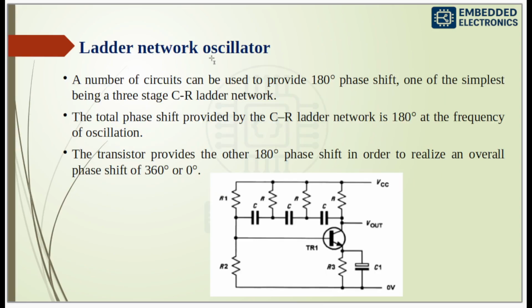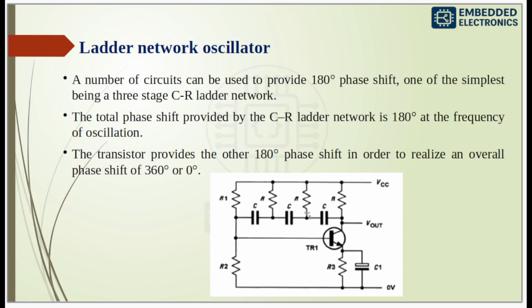And next is the ladder network oscillator. See here, this is a resistor and this is a capacitor. Resistor R and capacitor C create the phase shift needed for oscillation. The transistor amplifies the signal and feeds it back through the ladder.